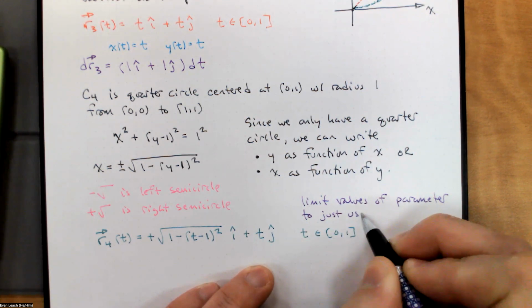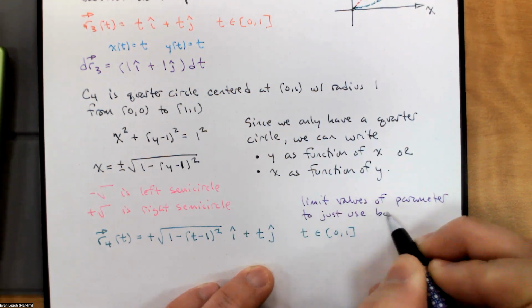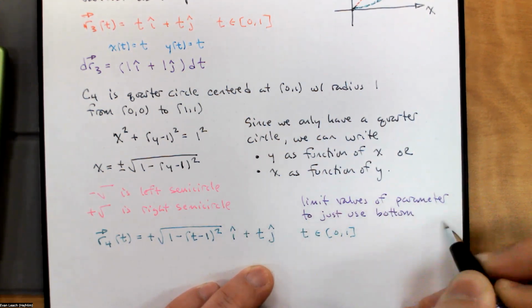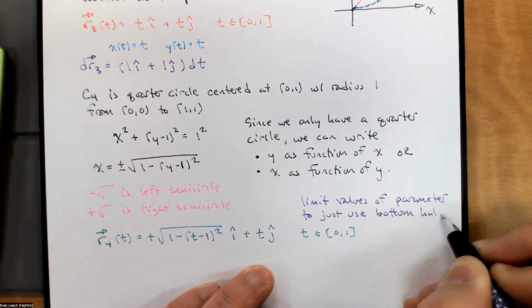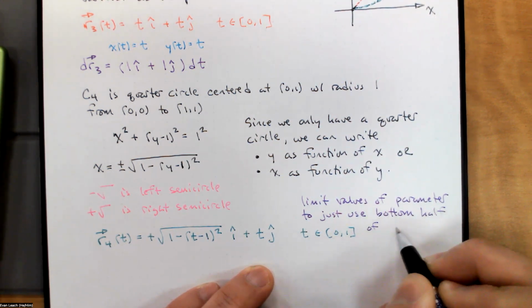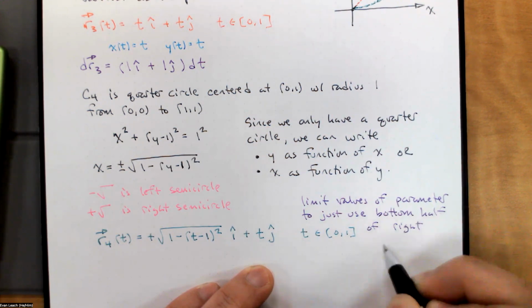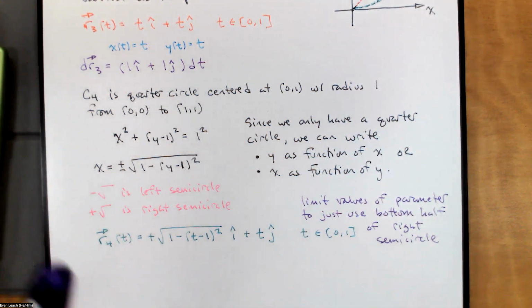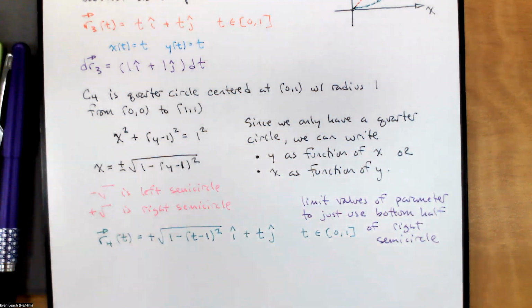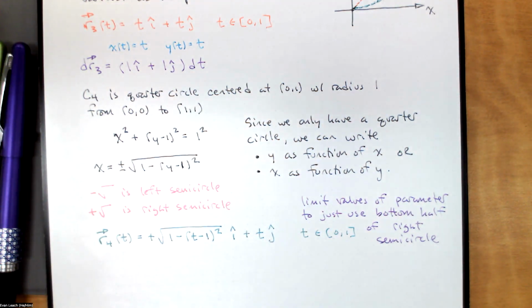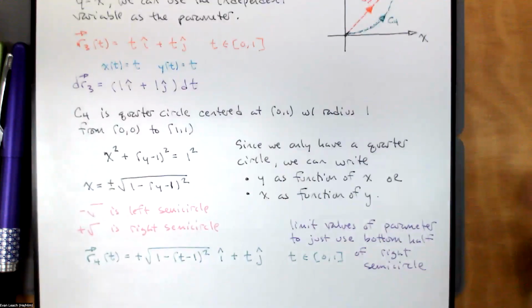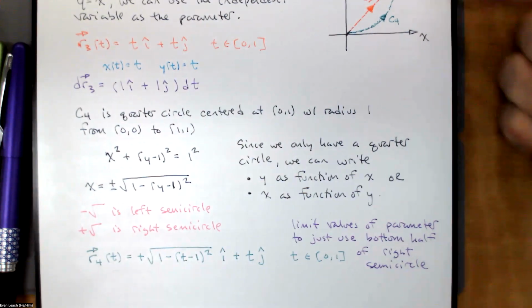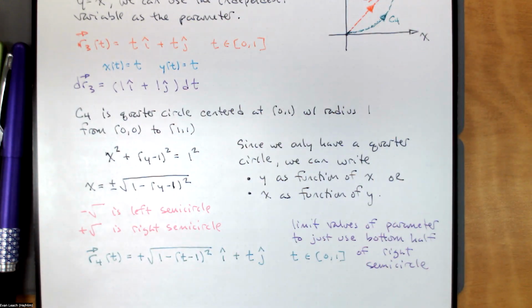By limiting the values of t to go from 0 to 1, we're only concerned with the values of y between 0 and 1. So that's going to give us the bottom half of the right semicircle.